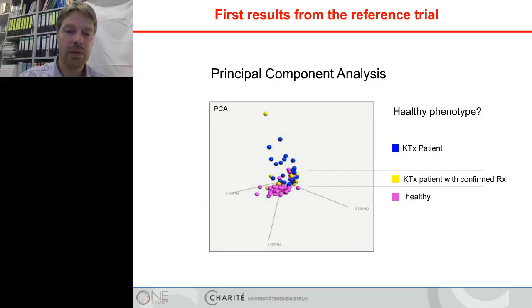Surprisingly, we found that the healthy phenotype is more comparable to the yellow phenotype of the kidney transplantation group with a non-confirmed rejection, whereas the phenotype of the patients that didn't get a rejection prior to transplantation is much more different from the healthy controls and from the patients that got a rejection.